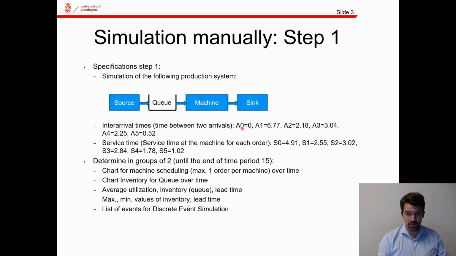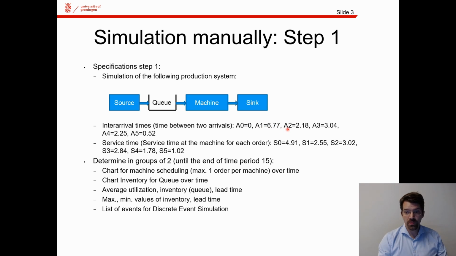So you can see that the inter-arrival times for the orders are different. So the first order arrives at time 0 because the inter-arrival time, which is the time between two customer orders, is 0. The next order, order A1, arrives at time 0 plus 6.77, because this is the time between the two orders.